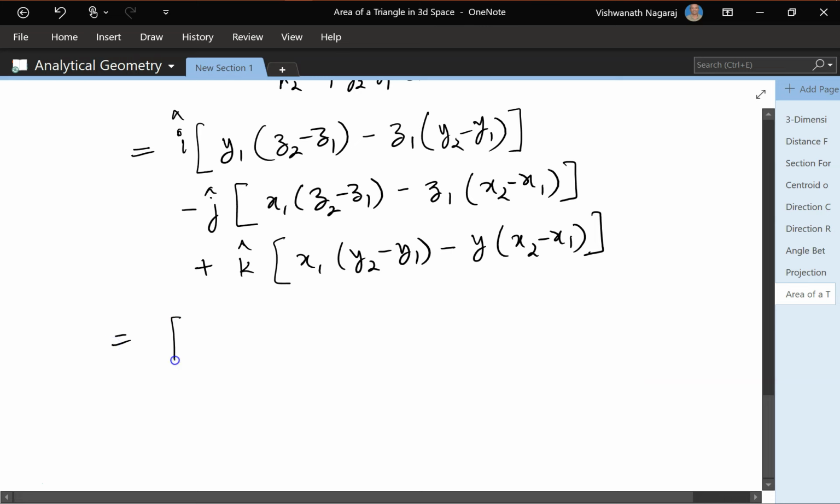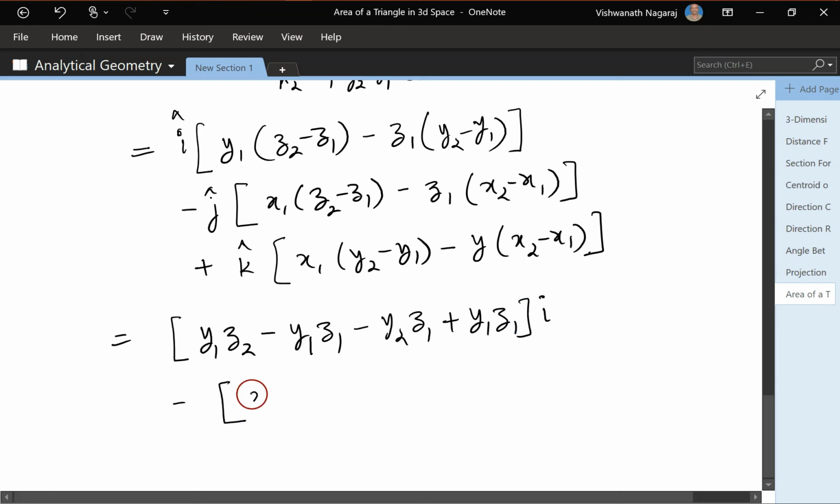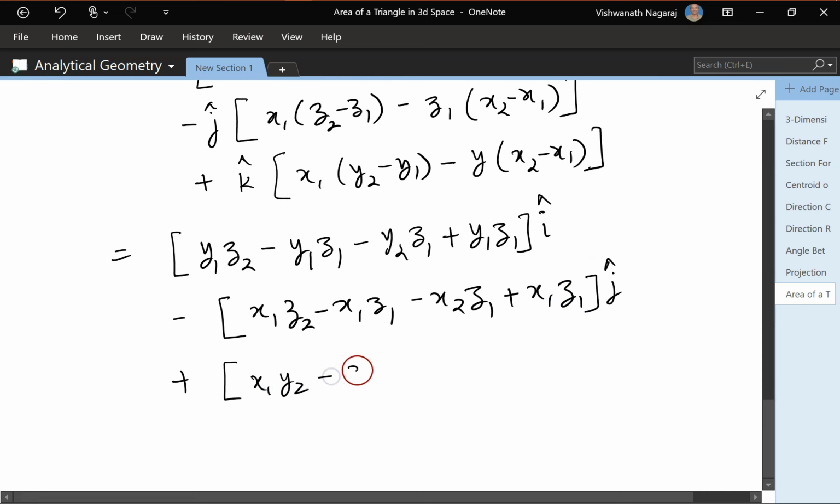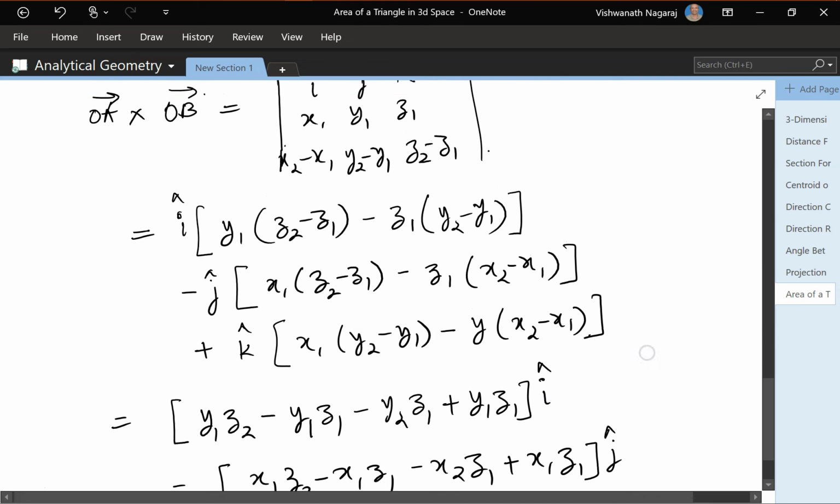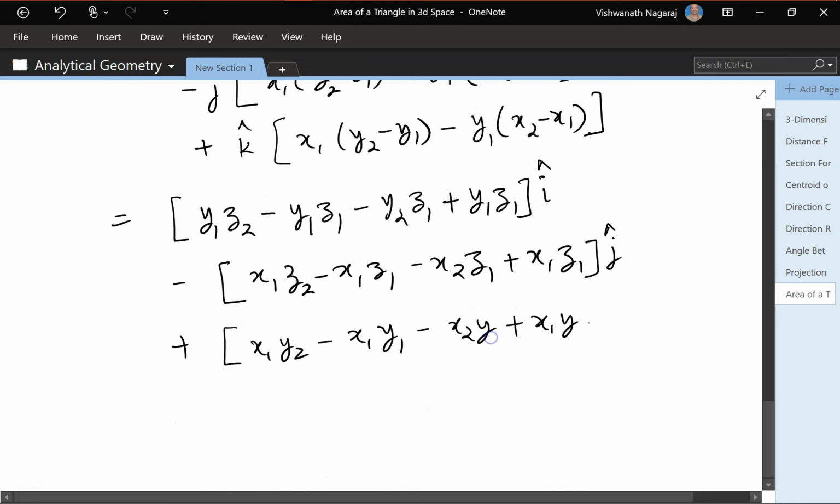Let's open up: y1 z2 minus y1 z1 minus y2 z1 plus y1 z1 i, minus x1 z2 minus x1 z1 minus x2 z1 plus x1 z1 j, plus x1 y2 minus x1 y1 minus x2 y1 plus x1 y1 k hat.